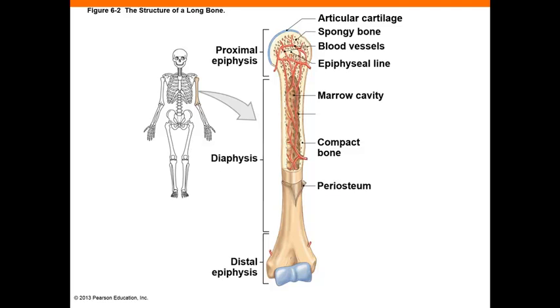The fibers of tendons, those that hold muscles to the bone, and ligaments, those that hold bone to bone, are attached to this periosteum. And the endosteum, endo means inside, so the endosteum lines the marrow cavity and spongy bone.